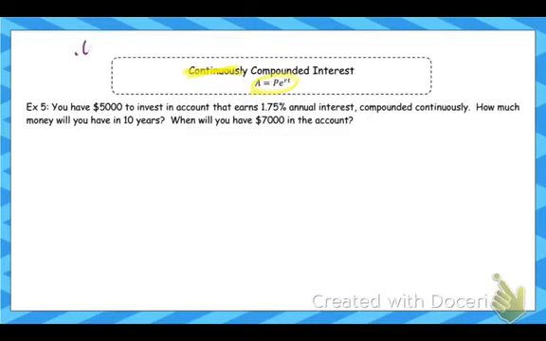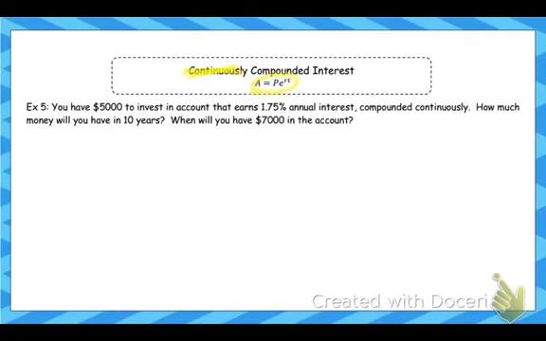So eventually it is going to have a limit, but it is going to compound more frequently and give you more money if it has the same interest rate. It's just not going to give you an infinite crazy amount of money. All right, so again, this is the formula we'll use if your problem specifically says that it's compounded continuously.